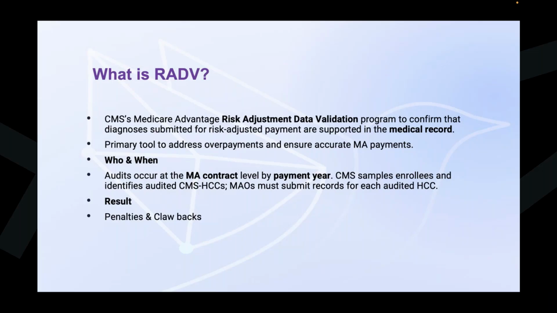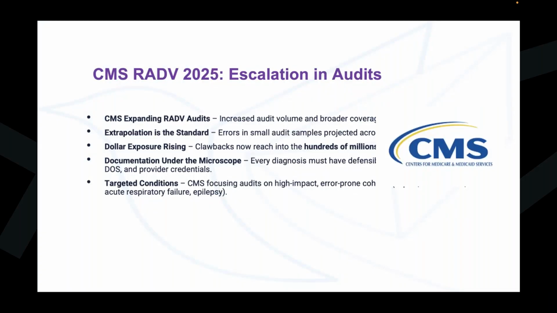So what if somebody, just to get more payments from CMS, just codes in unnecessary conditions? Then that results in penalties and clawbacks, because CMS would validate each and everything, right?